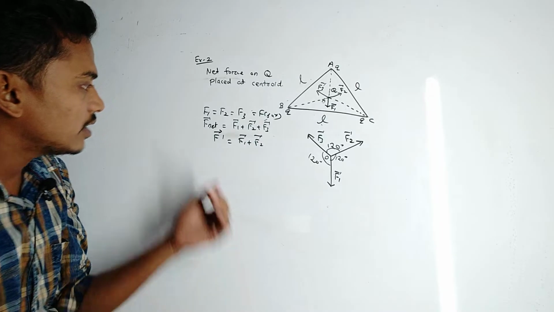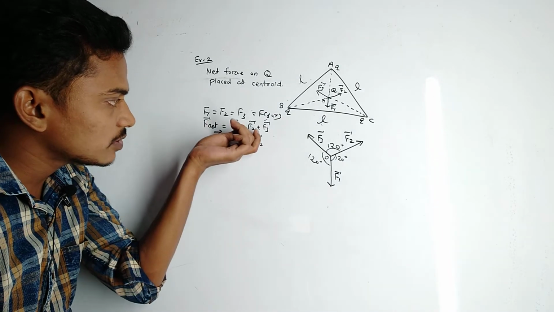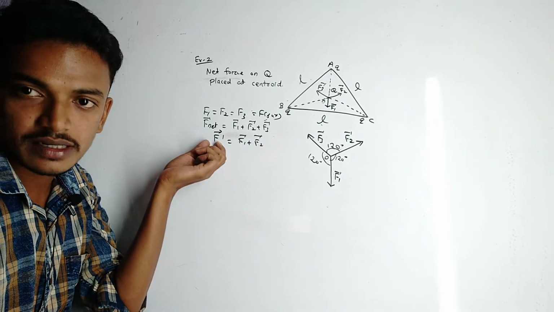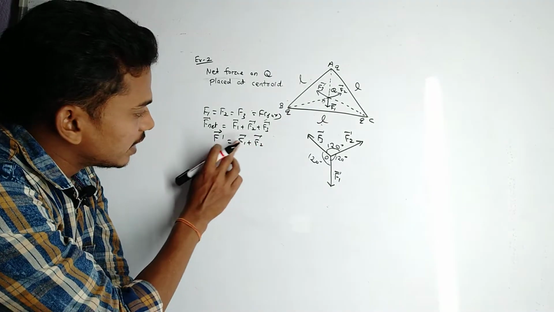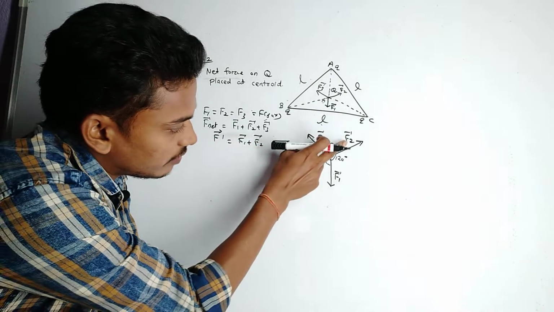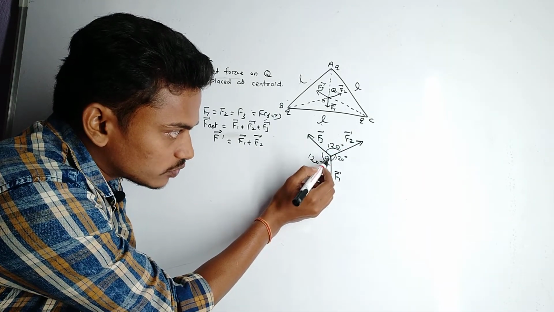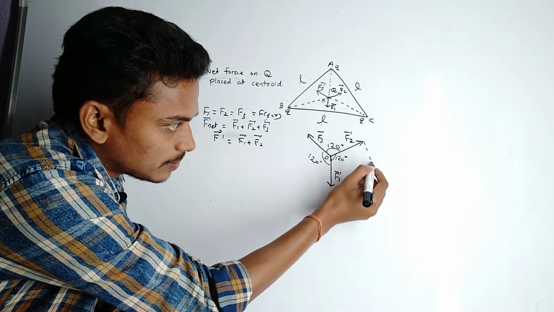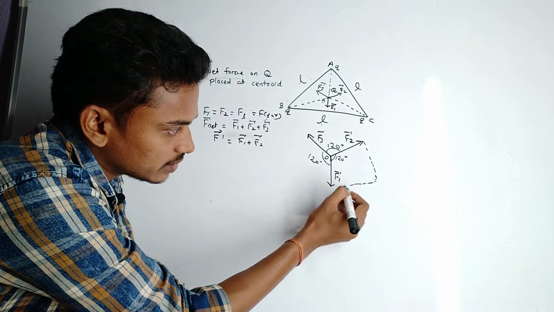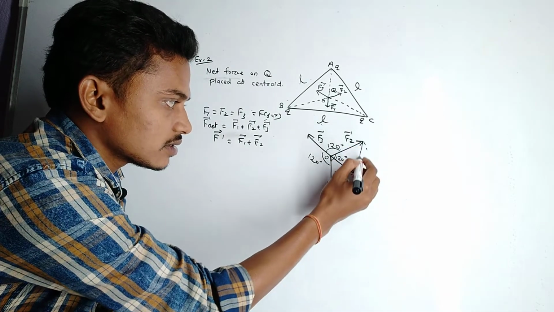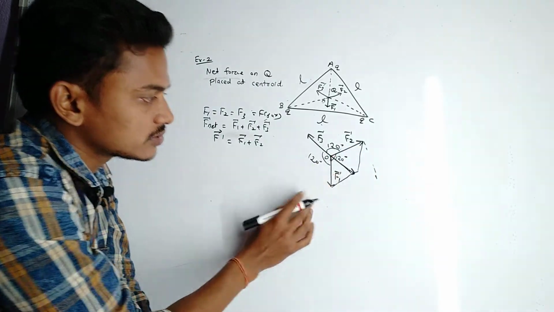And F net equals F1 vector plus F2 vector plus F3 vector, and suppose F1 plus F2 is F dash vector. So first add F1 vector and F2 vector. You see here the connection is tail to tail, so it will follow the parallelogram law of vector addition. So the result will be the diagonal like this. This is the resultant force F dash.